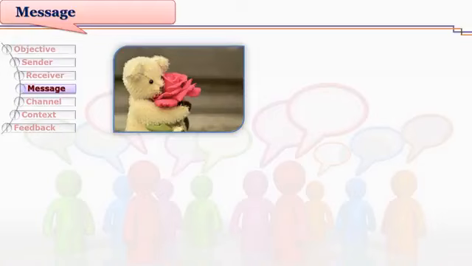Now, sometimes these messages are in the form of objects. Do you see the cute teddy offering rose to someone? Now, this rose is an object, but yes, that rose itself is a message because that rose is conveying some feelings.